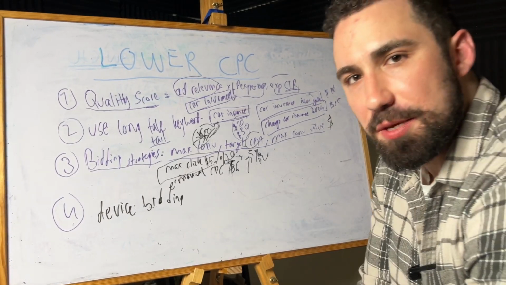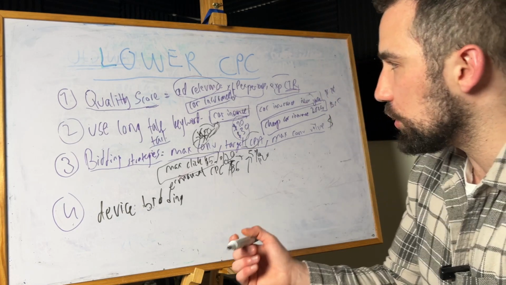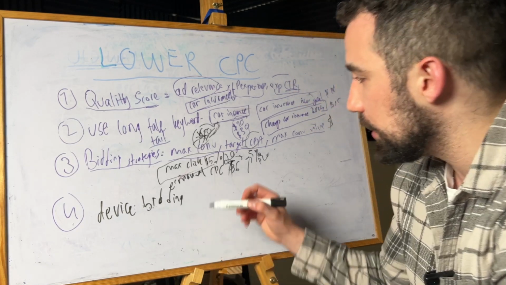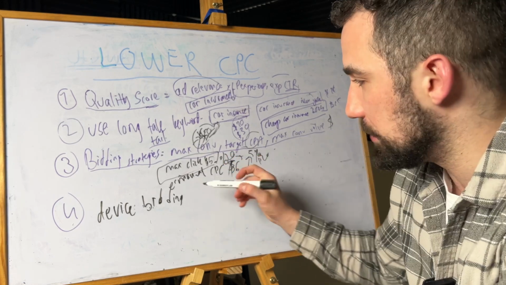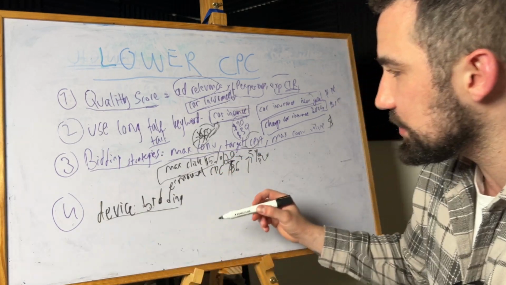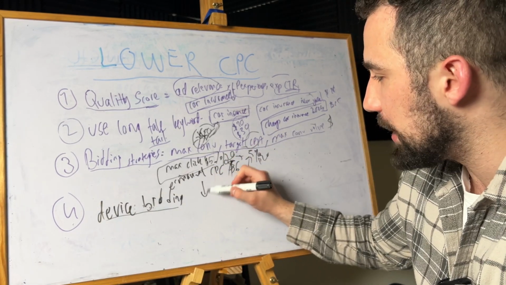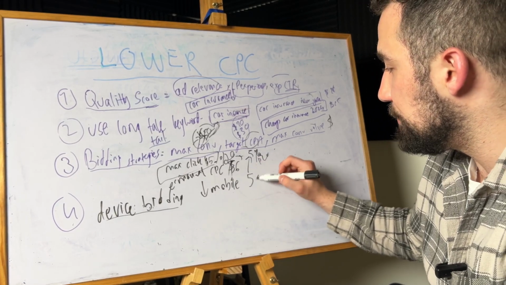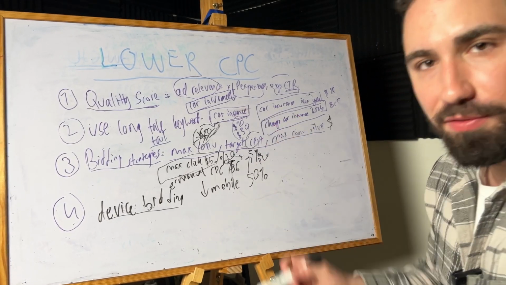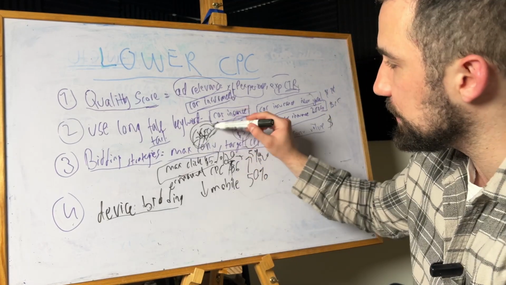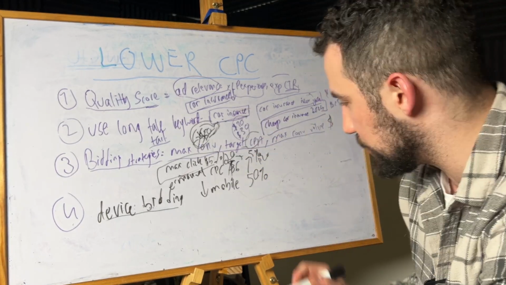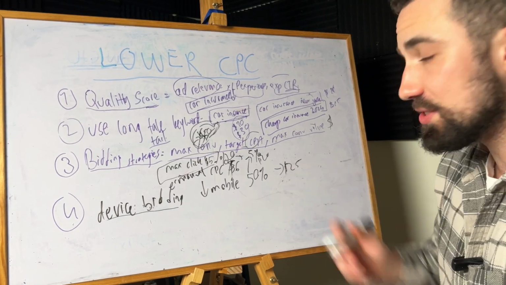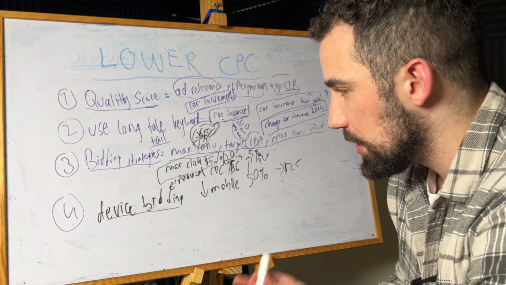If your mobile CPC is through the roof and you're getting most of your traffic from mobile and computer users are cheap, you're going to add a bid adjustment to your device settings saying, I'll reduce my bids on mobile by 50%. So if your average CPC for mobile is around $50 for our car insurance example, you're going to be paying $25. This is another good strategy that you can use.